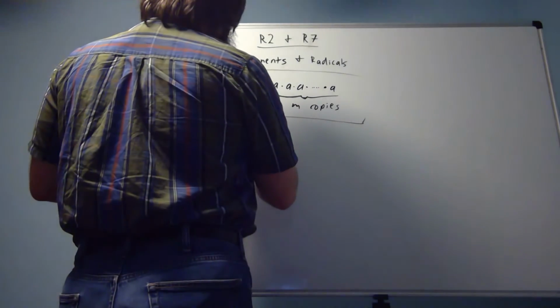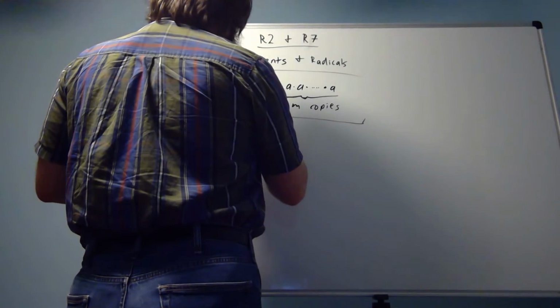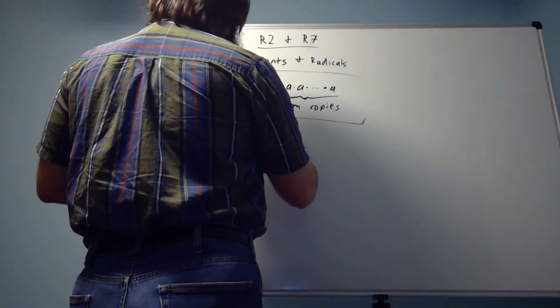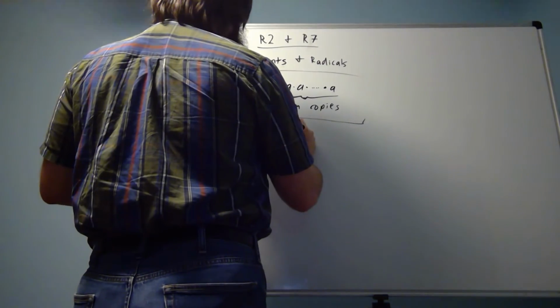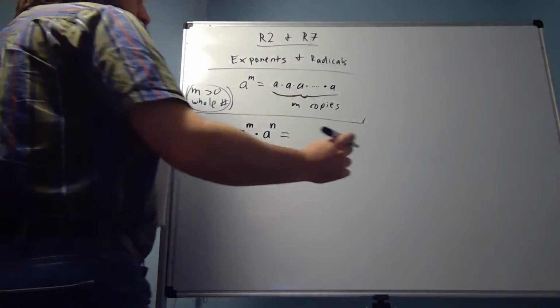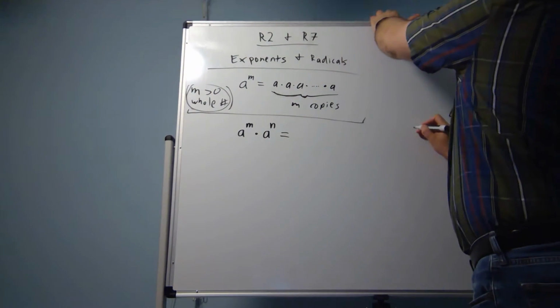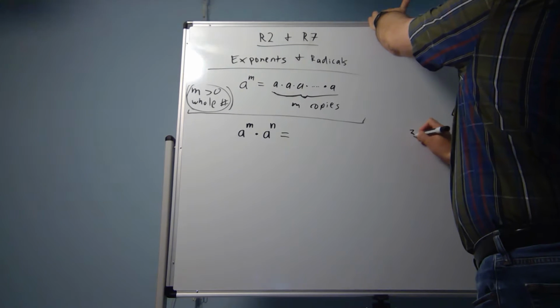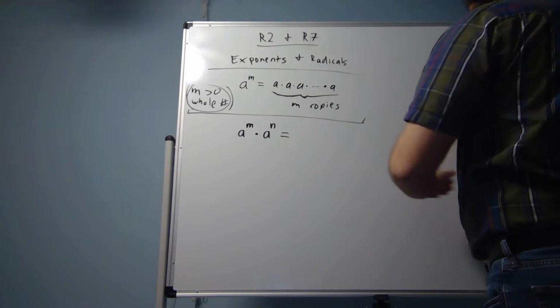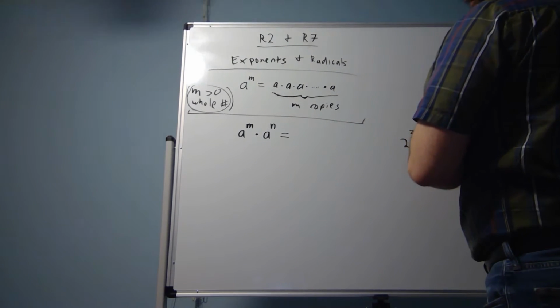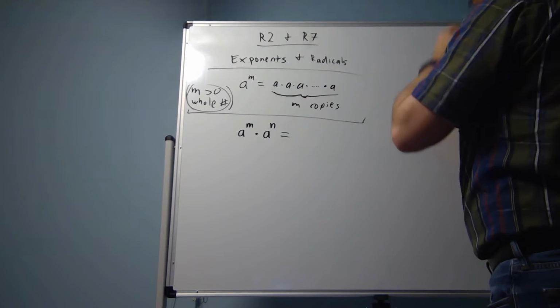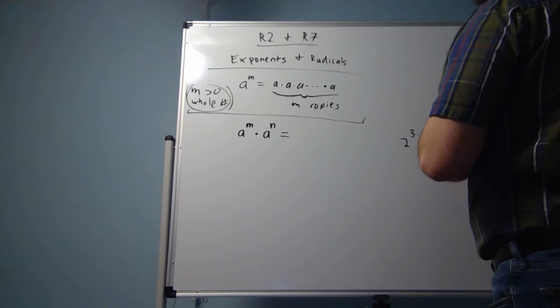So for example, for a to the m times a to the n, let's pick a specific example. Let's make it 2 cubed times 2 to the 4th. So why not?